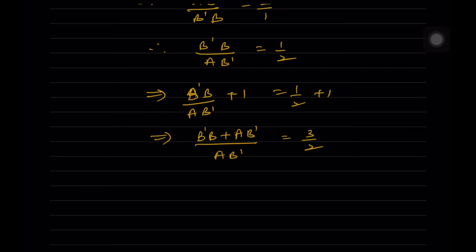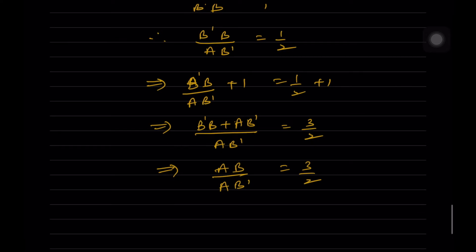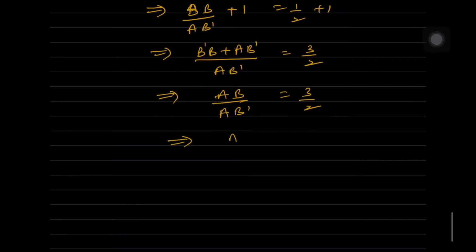So which implies that AB by AB dash is equal to 3 by 2, or which implies that AB dash by AB is equal to 2 by 3.